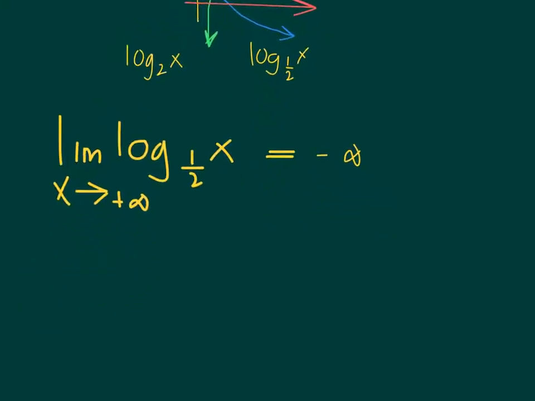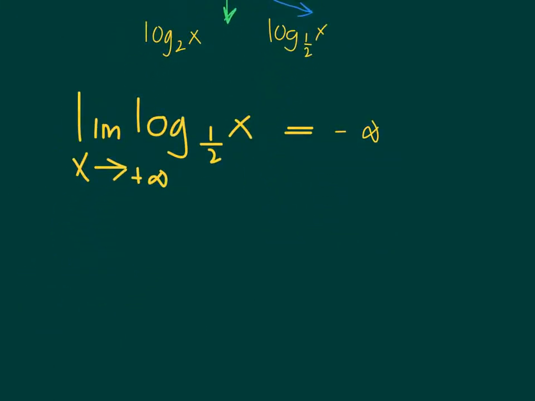Next. Letter E. Limit as x approaches 0 of ln x. So ln is still a logarithm.